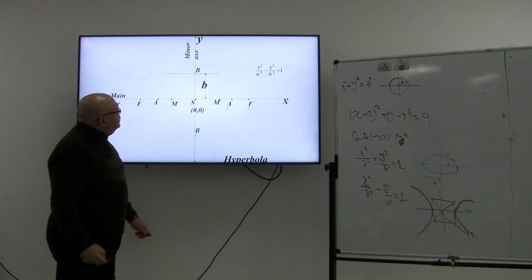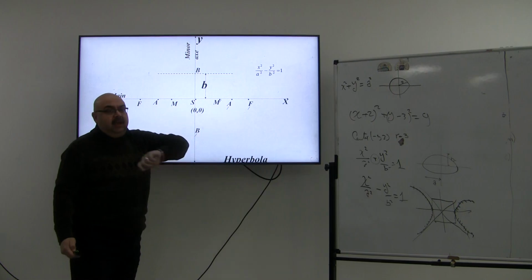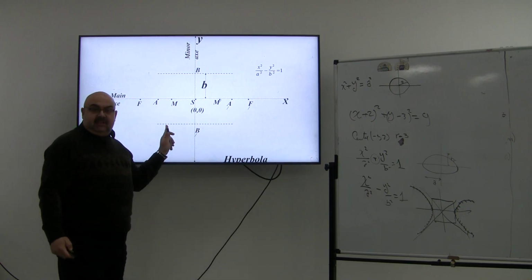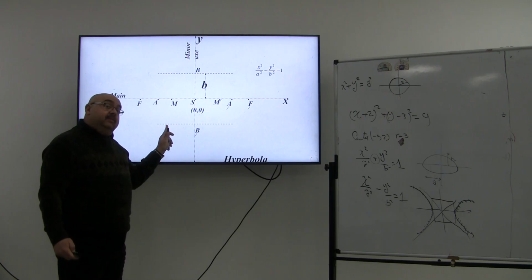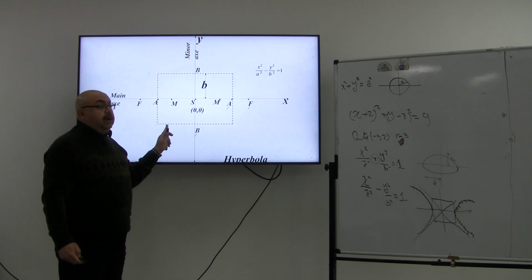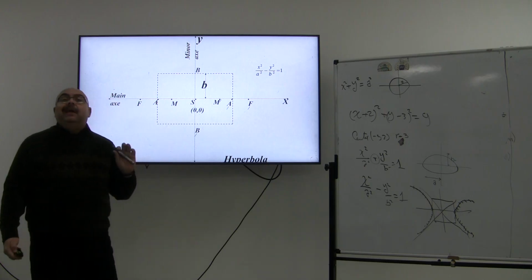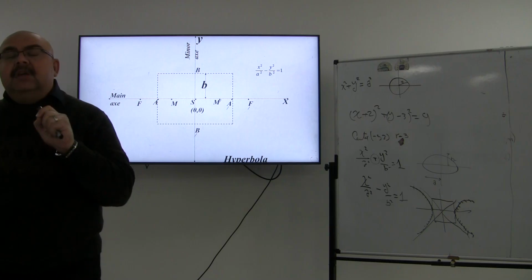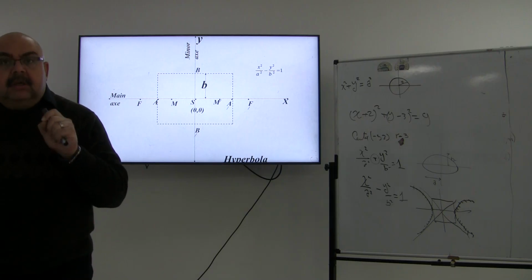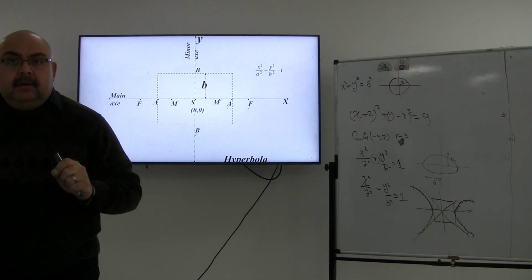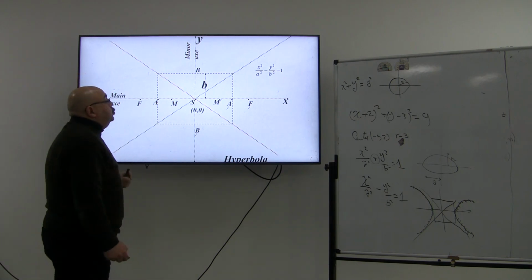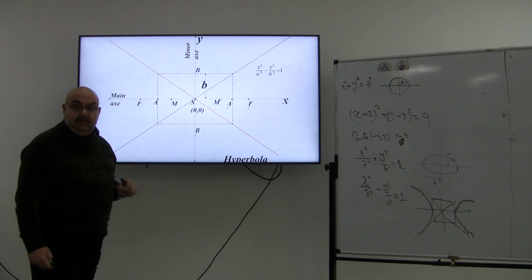I will insert a horizontal line, as you will see, and then another line with the same distance from the x-axis. In a similar manner, Karim, I will do a to the left and a to the right. Now I have a rectangle. I will now connect the diagonals of this rectangle.